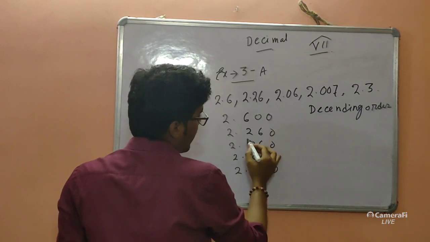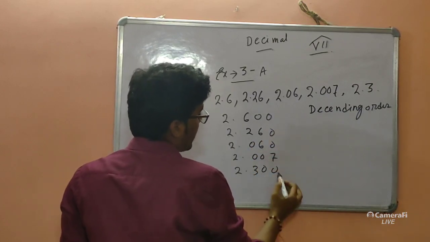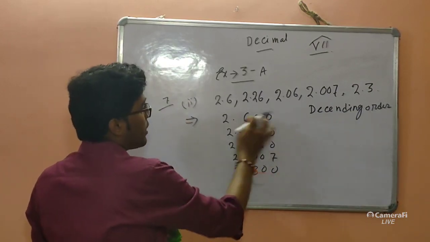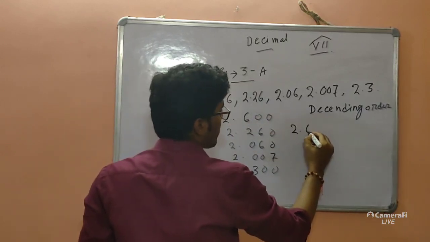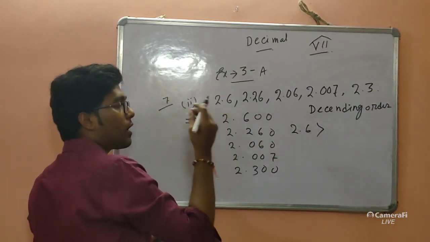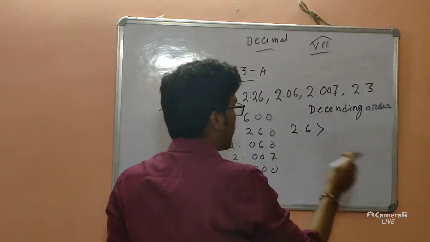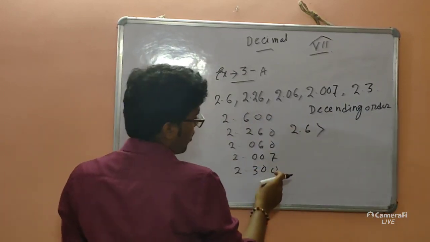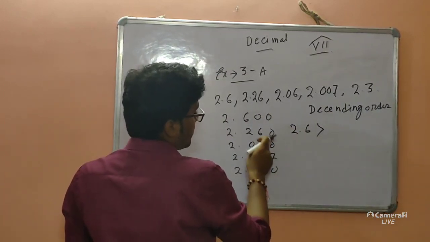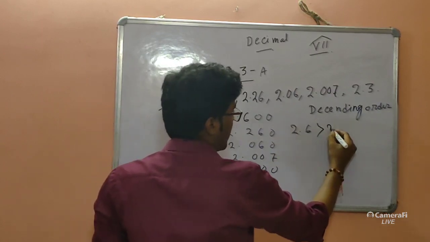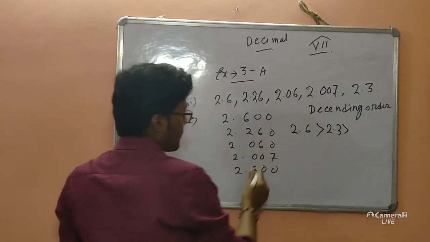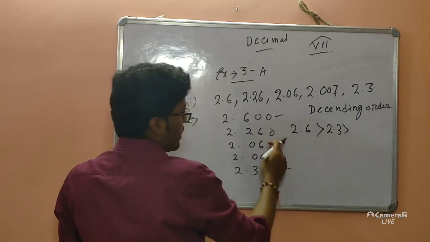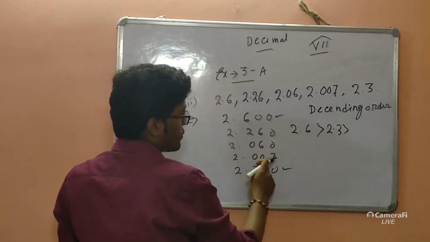See, here it is 600, here 260, here 060, here 007 and 300. So which is big? This one, 600. So at first we write this one, greater than. We will use the greater than sign from big to small. Next compare 300, 007, 260. Obviously 300, so you will write 2.3, greater than. Now 260, 060, 007.